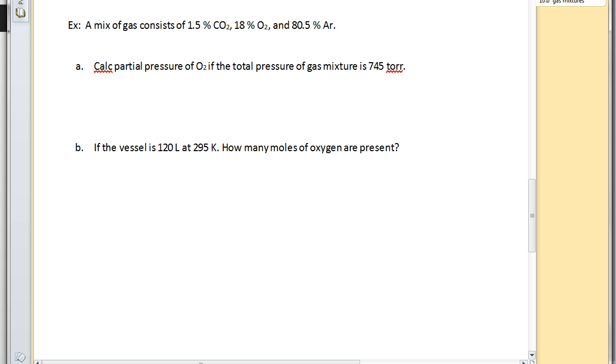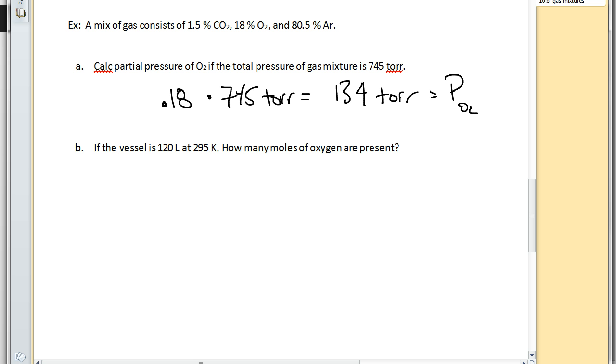So we're going to say, okay, 0.18 is our mole fraction of the oxygen. And we're going to just multiply that by 745 torr. And so this is going to give us 134 torr for our pressure for just the oxygen.